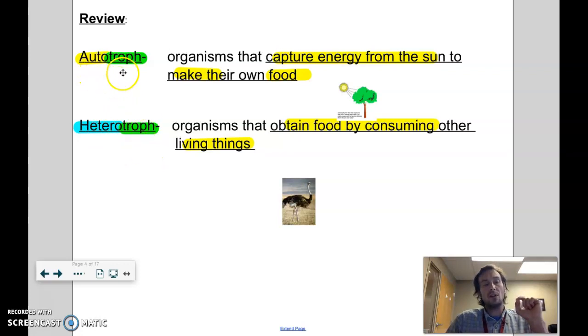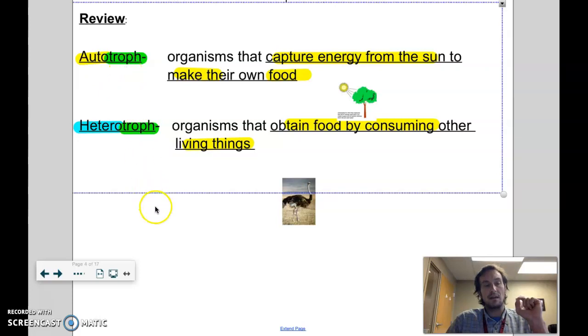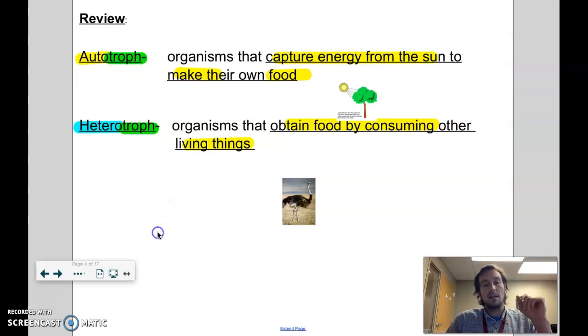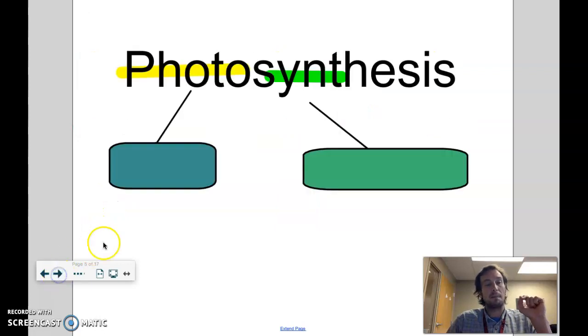So an autotroph literally means self-feeding. Well, what does that mean? Well, it's an organism that can make its own energy, right? It feeds itself. A heterotroph, like that's us, right? The rest of us. We don't get to make our own energy, so we have to consume ultimately autotrophs. Right? A little bit of review of food chains and ecosystem type stuff.